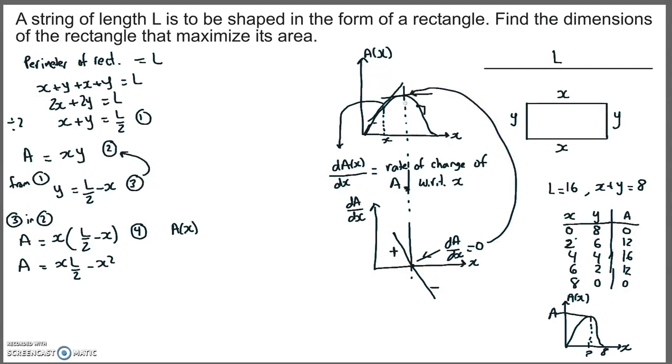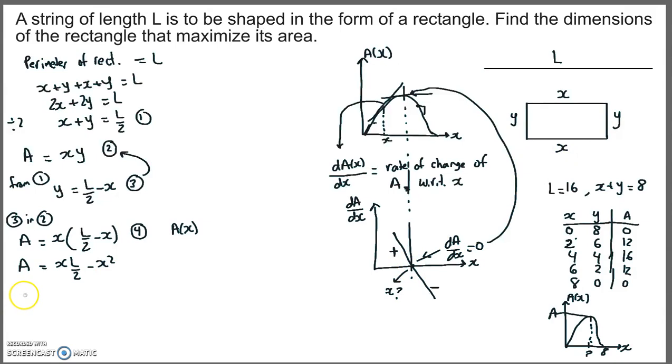So the way to solve this problem is we're going to take the derivative of A with respect to x, set it equal to 0, find out what x makes the derivative equal to 0, and that's going to be the width of the rectangle that maximizes the area. So let's do this.